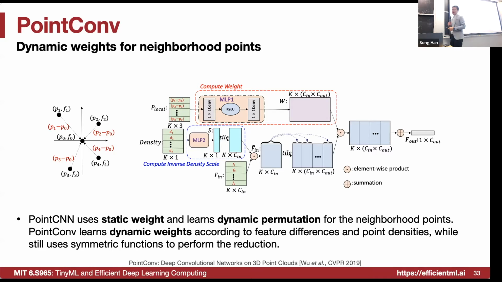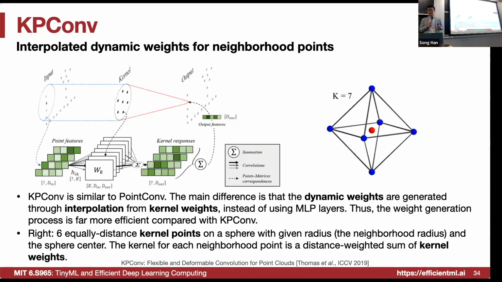In that way, we are not using the same convolution kernel for all the points anymore. Here we're considering the distance between the point and the center point, and also we are considering the density of such a point.